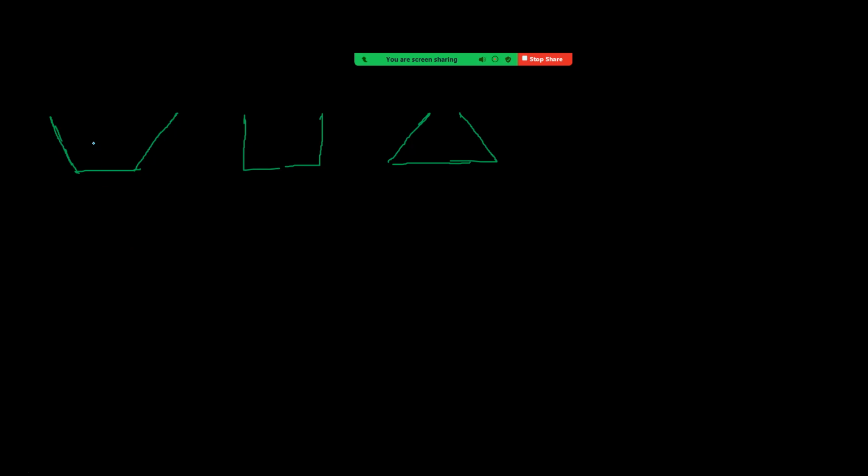Equal volumes means here the height will be greatest, here the height will be somewhat less, and the height is least in the third one. Because volumes are equal and base area is the same, the height is maximum in one and least in another.